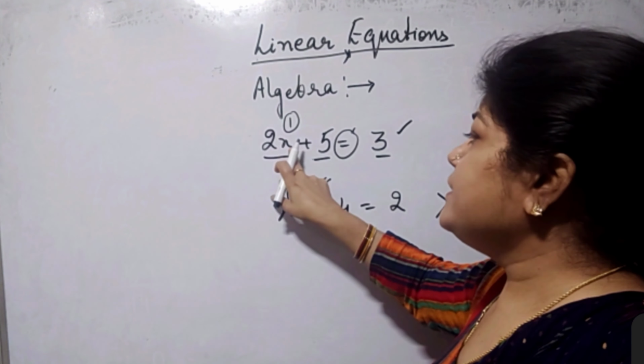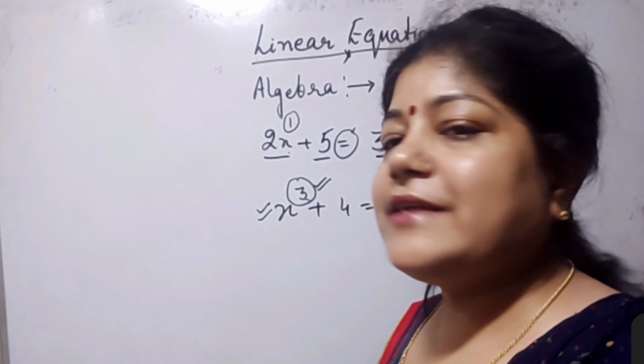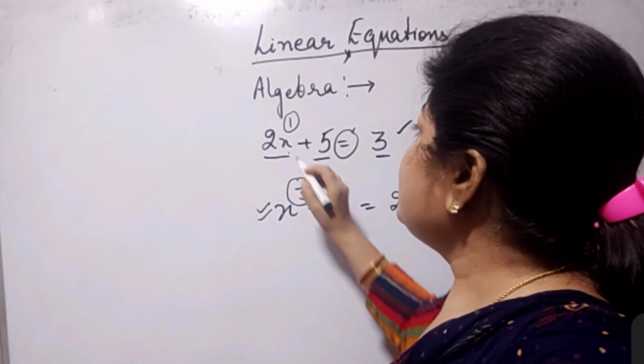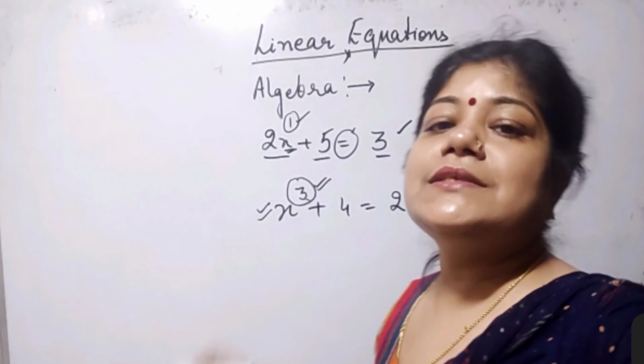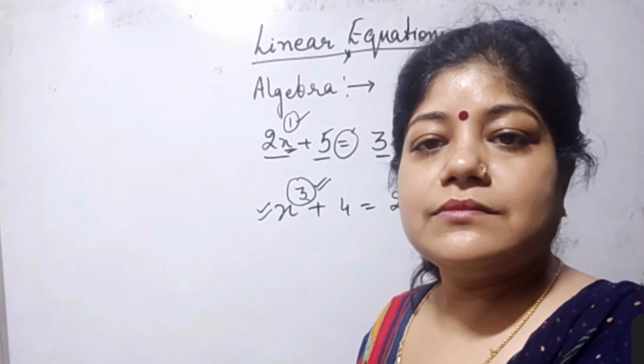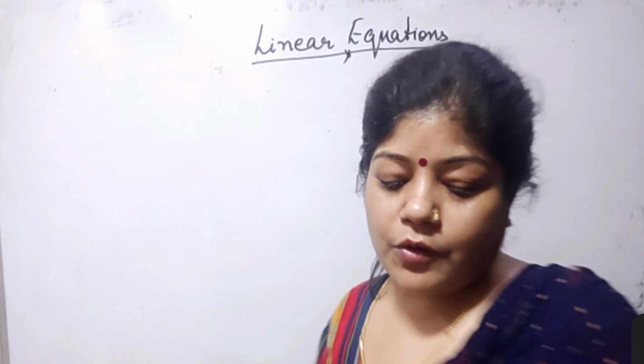When we have a power more than 1, it may be 2, it may be 3, it may be 4, these are more advanced concepts which you learn in later sections and later classes. But all the variables which have the power 1 are termed as linear equations. I think you got the concept of linear equations. Clear, Parishi? Yes, ma'am. Okay.